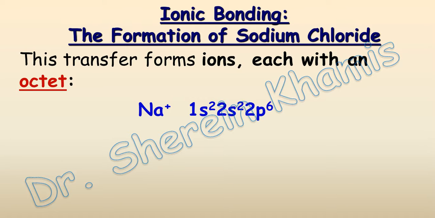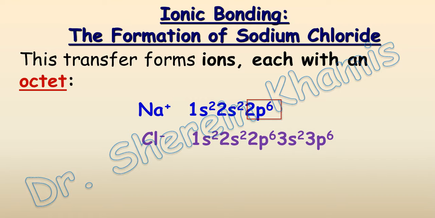and we write above its atom, after losing, the cation Na+. The other one, chlorine, after gaining we write Cl-, 1s2, 2s2, 2p6, 3s2 and 3p6. It's the outer one here.